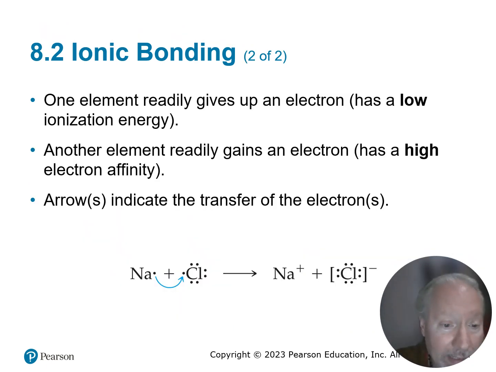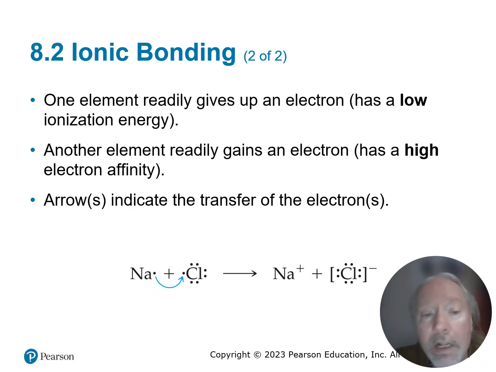Ionic bonding can also be diagrammed here with an arrow, and we show an electron being transferred to the chlorine, and the sodium loses an electron, so it therefore becomes positive. Chlorine therefore becomes negative. We saw this before, but let's add something else that we've learned. An element can readily give up an electron, which is sodium, and sodium has low ionization energy, which is endothermic, but low in this case when it's in a gas state.